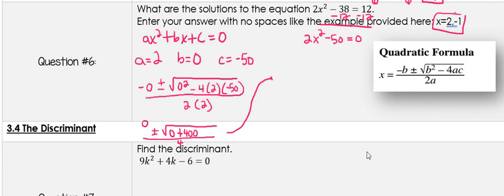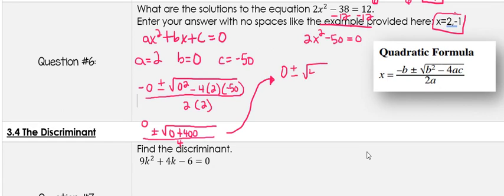So if I bring up this work up here, I'm going to end up with 0 plus or minus the square root of 400 all over 4. Well, the square root of 400 is just 20. And if you don't believe me, you can plug that into your calculator.